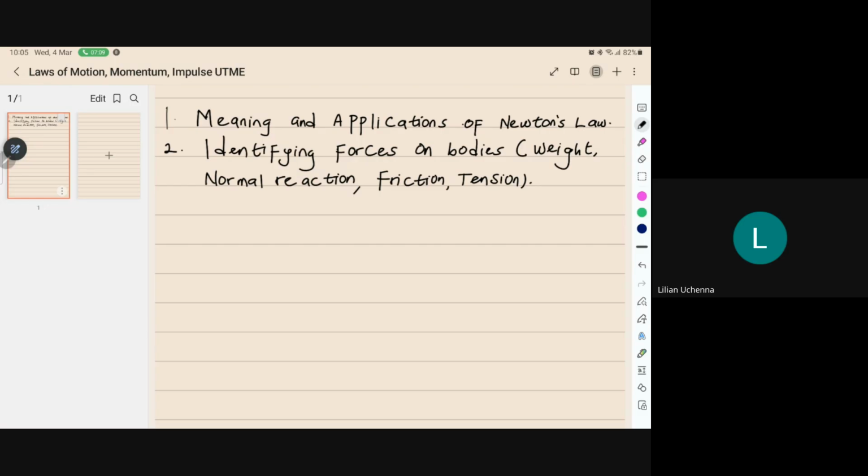Now, you should have ideas regarding your resultant force, right? Which I taught us how to get a resultant when I did vectors. So you have to pay attention to your resultant force and your acceleration. Resultant force, which can also be called your net force, and acceleration. How to apply those formulas is very key.